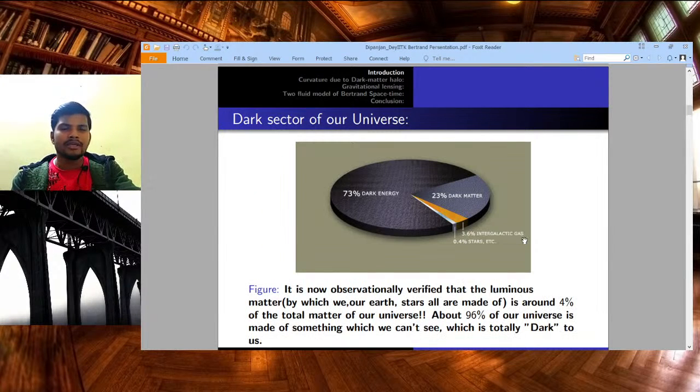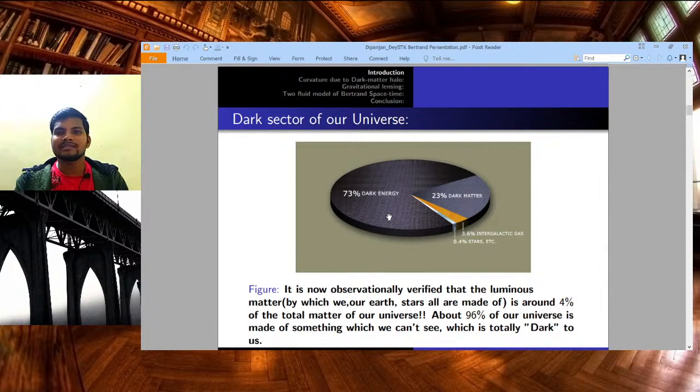The thing is that, from the data from the telescopes we have, by analyzing the matter and luminosity, we have found that 73% of our universe is made of dark energy. We don't understand why this 73%. Dark energy has a history, because our universe is expanding.